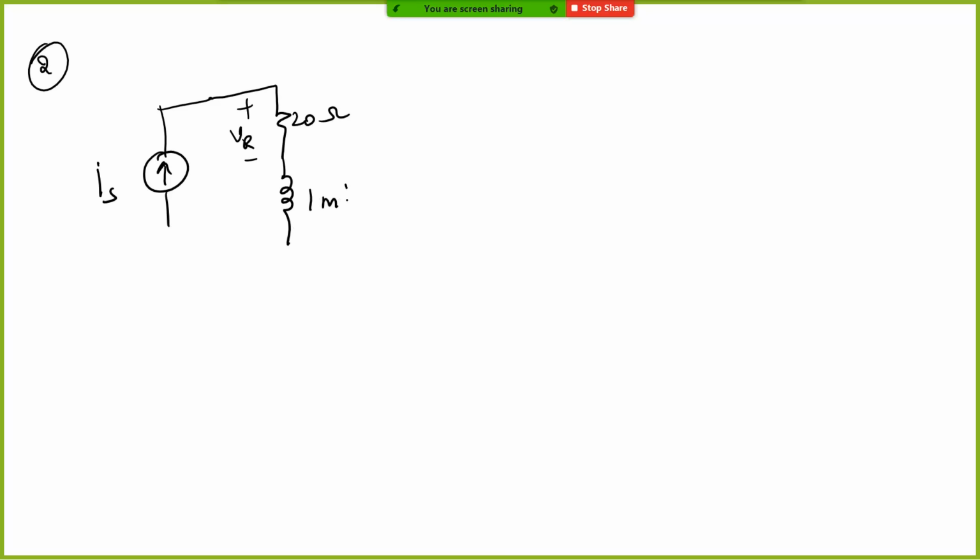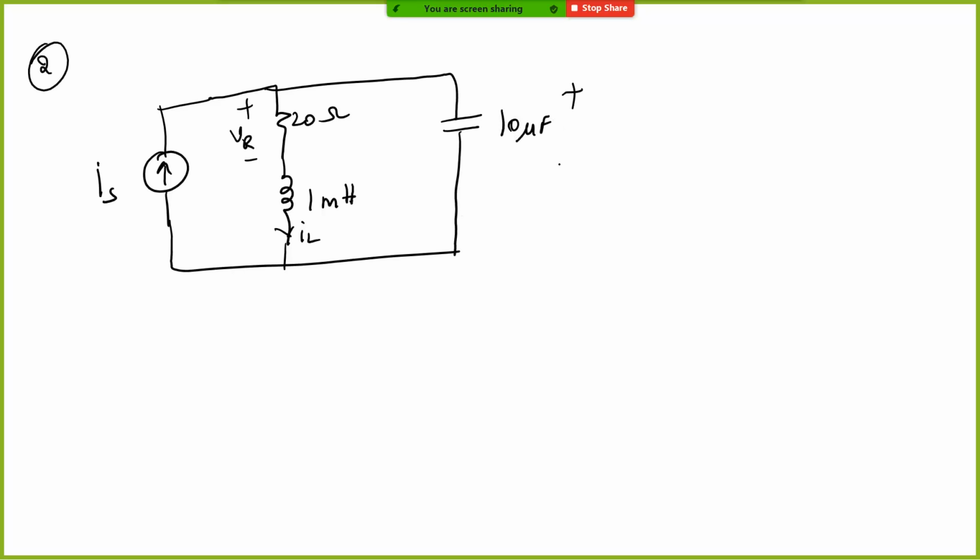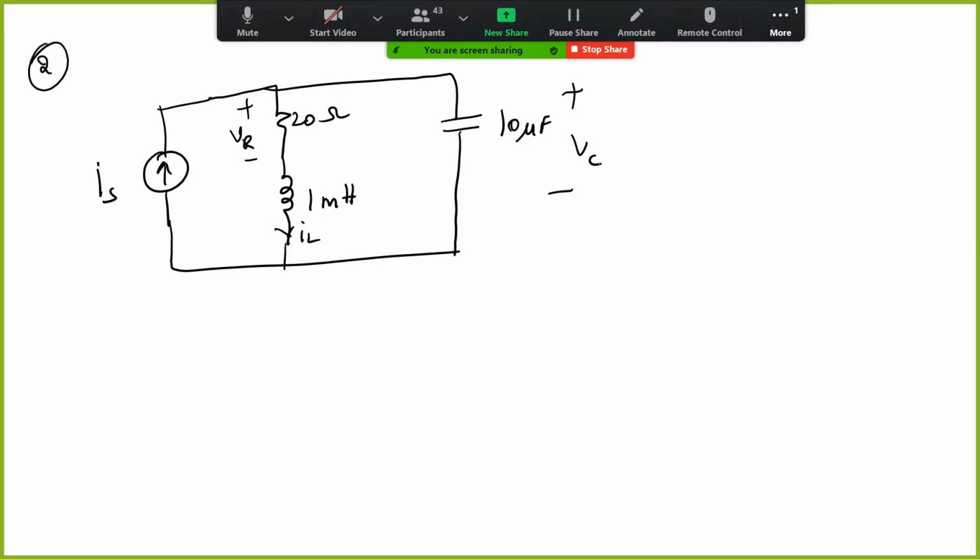Okay, so let me give you one more problem. This is IS. You have 20 ohm, this is VR, and you have 1 millihenry. This is IL. And you have a capacitor which is 10 microfarad. This is VC.